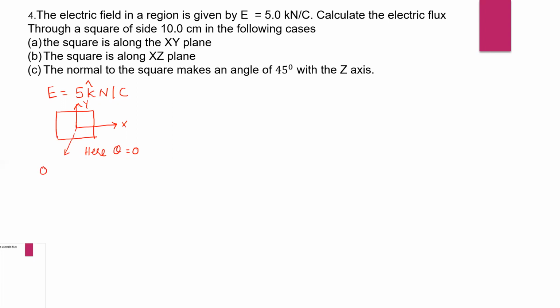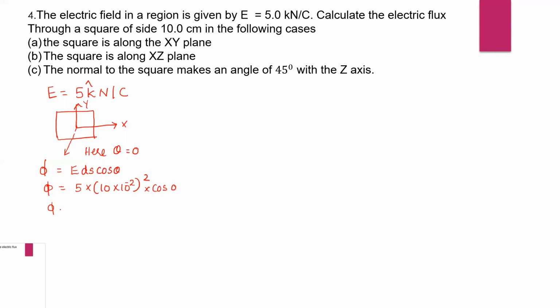We know the formula for flux is phi is equal to E ds cos theta. On substituting the values, we will get phi is equal to E is 5 into ds, the area. Area of a square is side square. Side is given 10 centimeter, that is 10 into 10 raised to minus 2 meters square into cos 0. Cos 0 is 1.